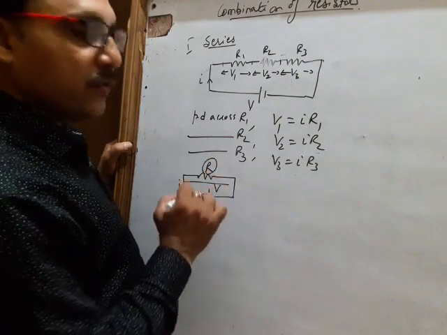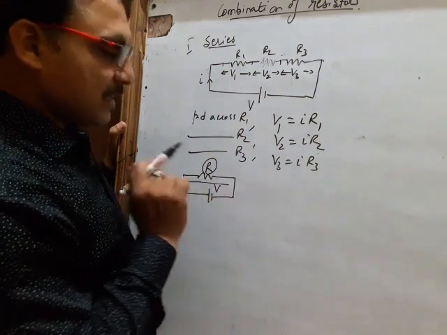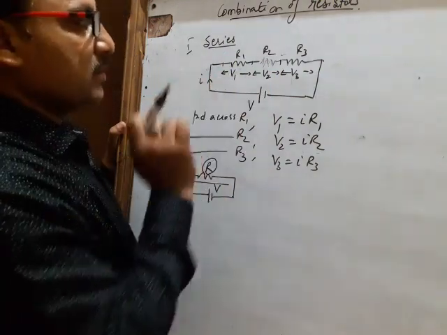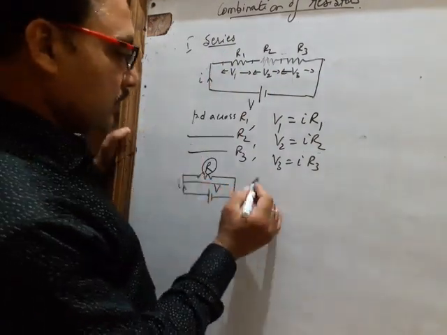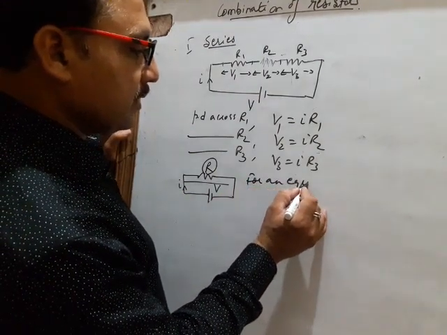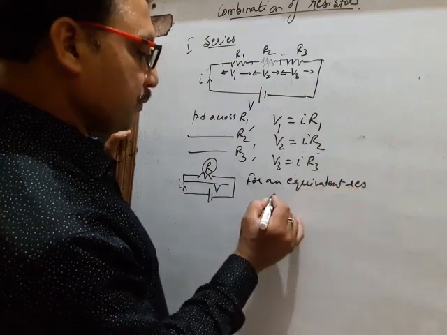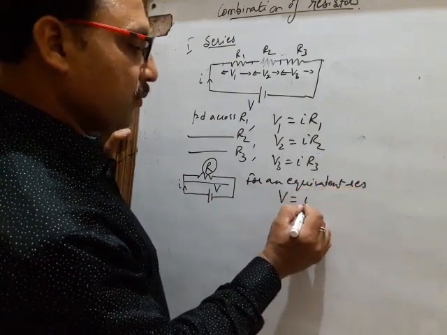So this is the equivalent resistor R. If I replace all these 3 and put a single resistor which is working for these 3 alone, then for an equivalent resistor, we will get V equal to IR.